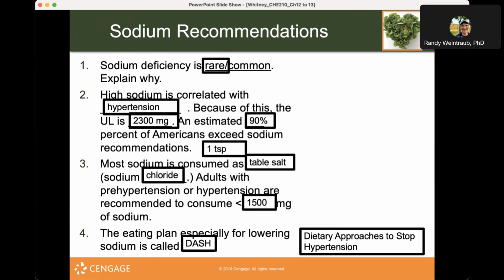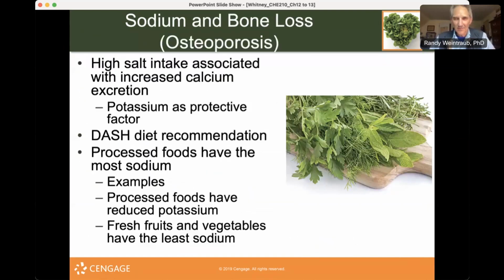Another problem with high sodium is osteoporosis, excess bone loss, which is hard to reverse, and that can occur with high salt intake over long periods of time, because it increases excretion of calcium.